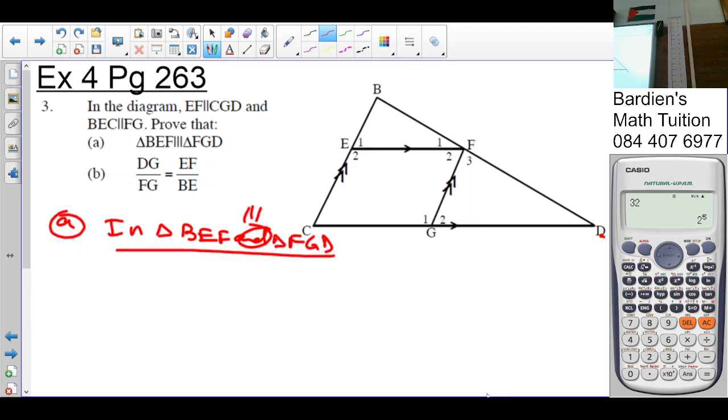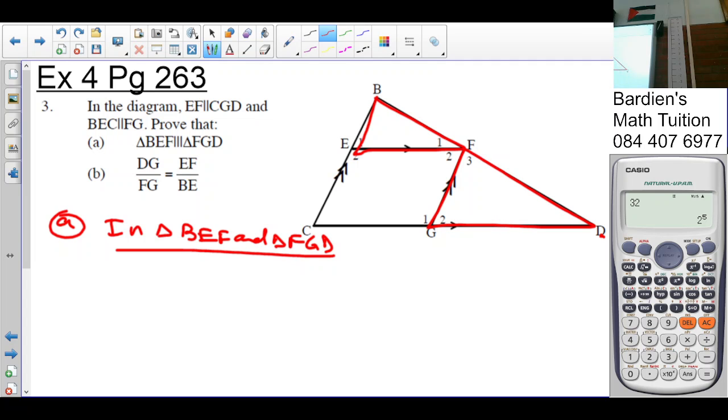Okay, they will penalize you immediately for that. So don't do that. You can rather leave it out instead of writing that similarity. Otherwise, you can say RTP or required to prove this. You can put the similarity. Alright, so if you're looking at BEF and triangle FGD.